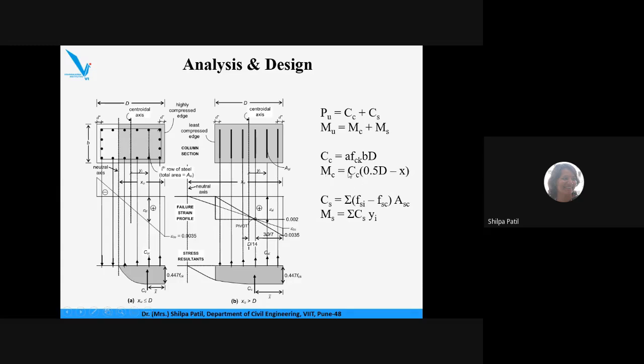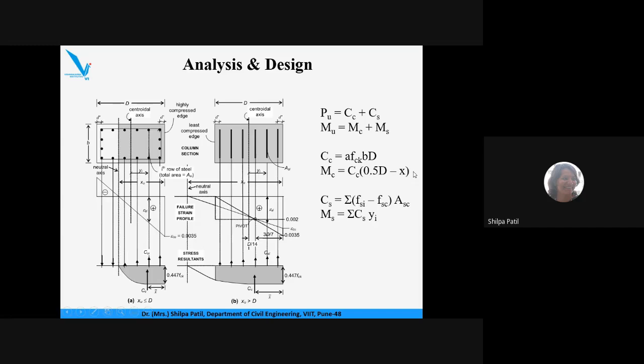So the force developed by the concrete is multiplied by the lever arm. If this is the total depth of the column, then half the depth of the column minus x will be the position of the neutral axis. This lever arm will change depending upon where our xu is lying, whether it is within the column or outside the column.